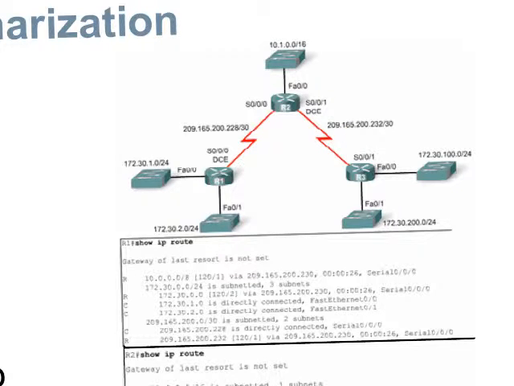So using the terminology that we discussed before, R1 is considered a boundary router to these two networks, and R3 is also considered a boundary router, but it happens that those two sides exist on the same major network, and there is one network between them.